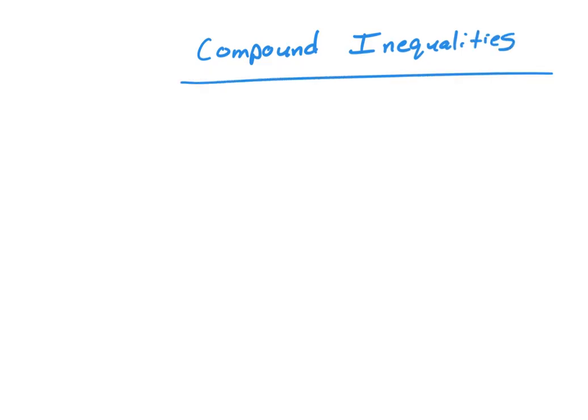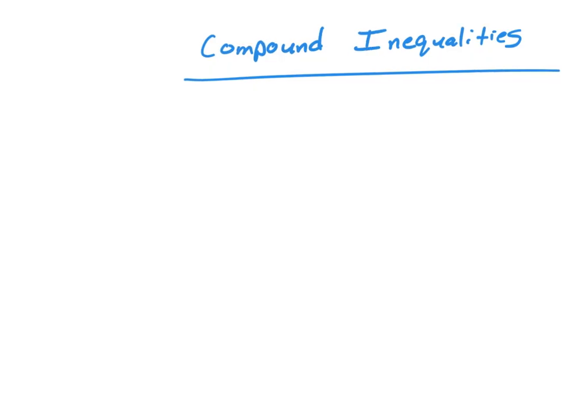Okay, so those are all what we call simple inequalities because it's one inequality. There's just one inequality throughout the problem. Now we're going to step it up a little bit, and we're going to talk about compound inequalities. Compound means more than one. So if I have a compound inequality, I have more than one inequality.